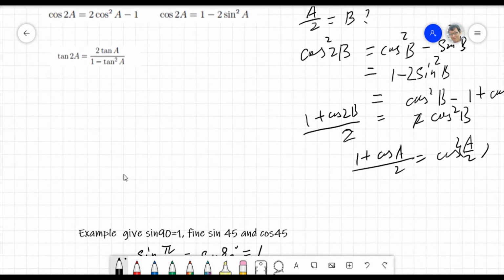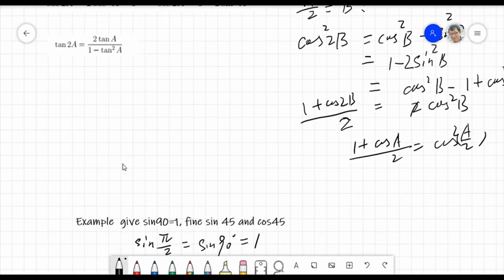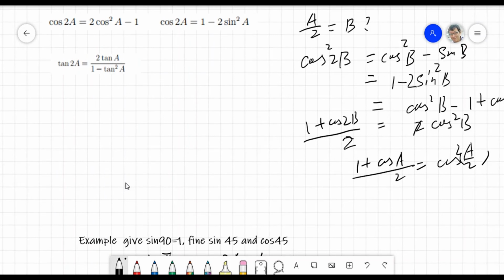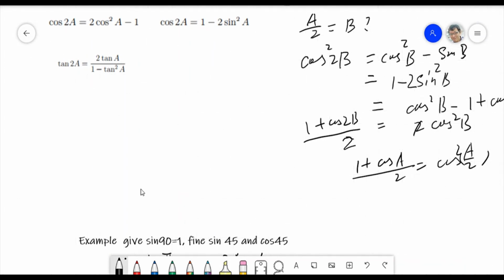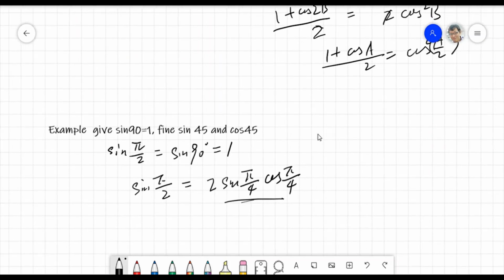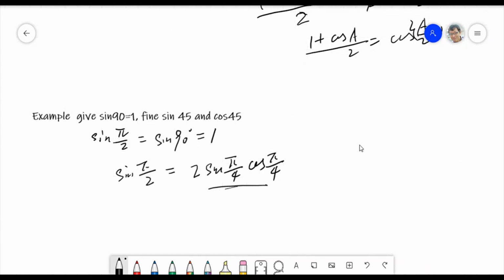Here we know sine 90, so I want to find cosine 90, which is cosine 2a. So we can use this formula: cosine 2a is 2 times cosine squared a minus 1. Just remember this. So if we know sine 90, what's cosine 90?